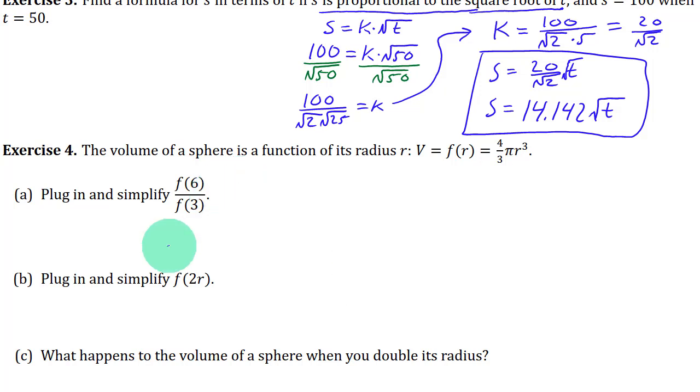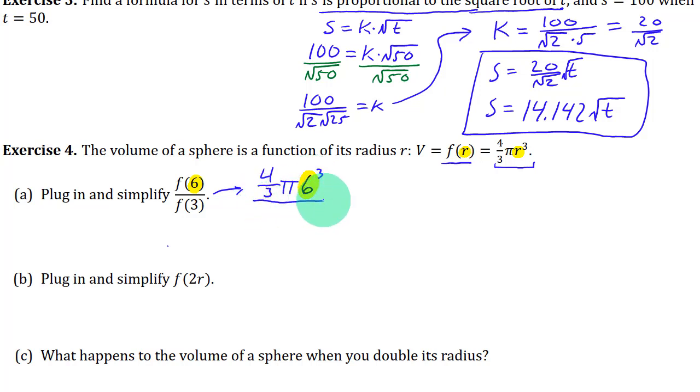What f of 6... The 6 is in place of the r here. So f of 6 means that that's equal to what you get here when you replace that r with 6. So the top of this fraction is 4/3 times pi times 6 to the power 3.